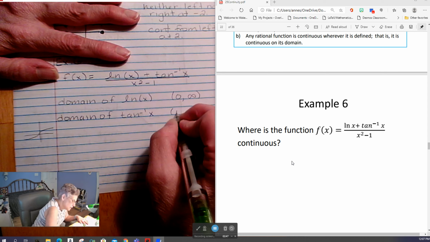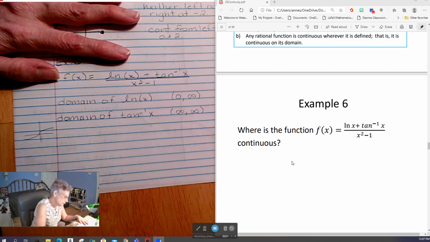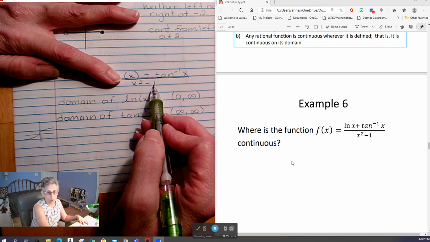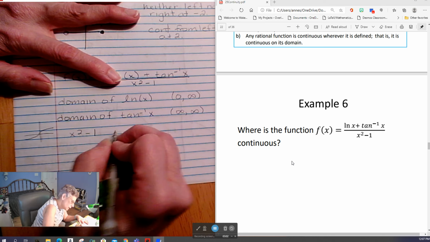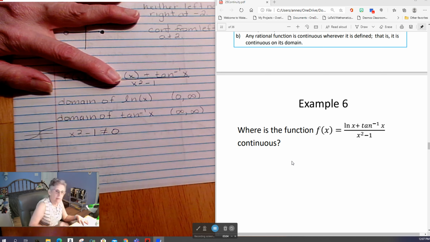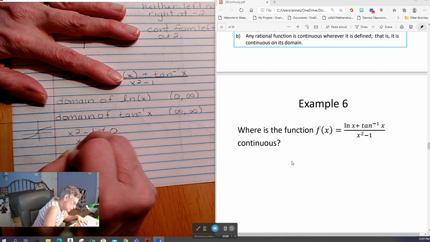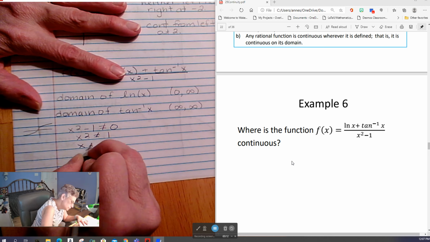So this one is all real numbers. And then x squared minus 1 is continuous everywhere, but since it's in the denominator, that means it cannot be equal to 0, so x squared cannot be equal to 1.